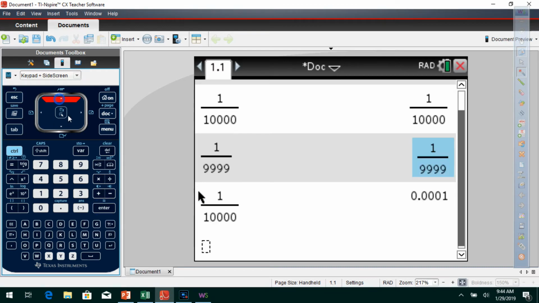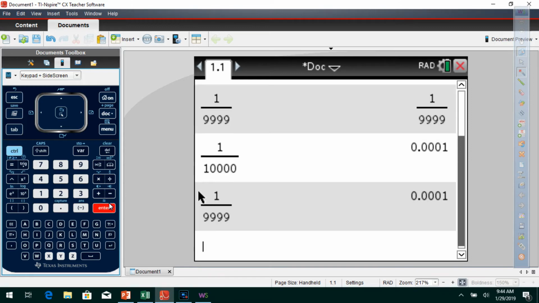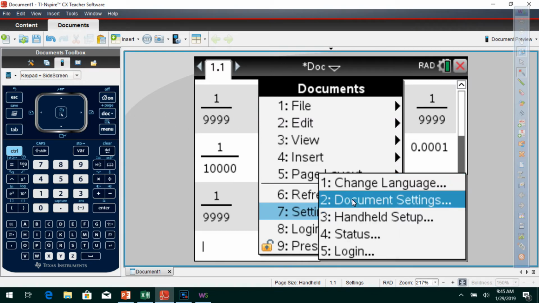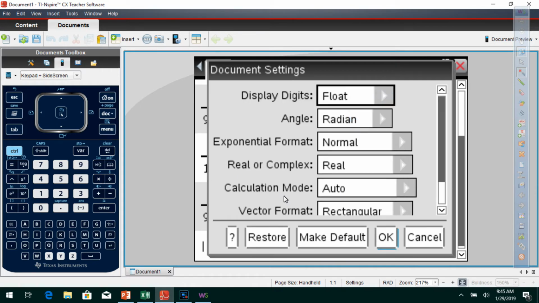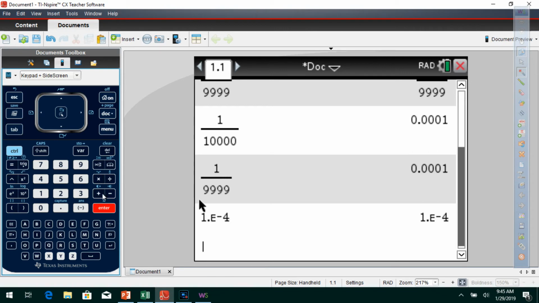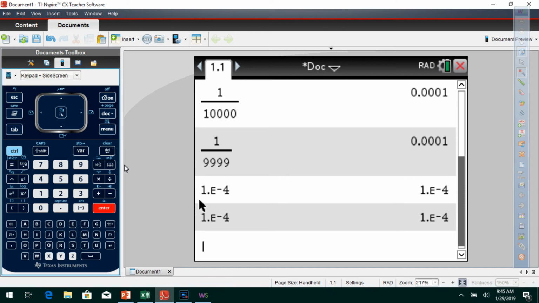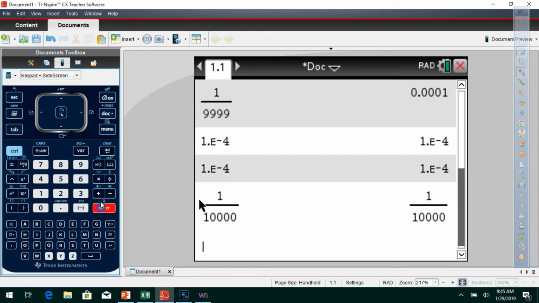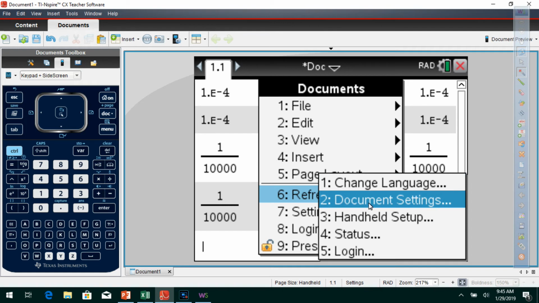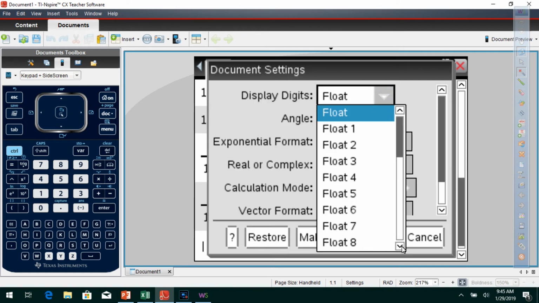You have to go four places, five places. Let's go to settings, document settings, and change it to float 10.